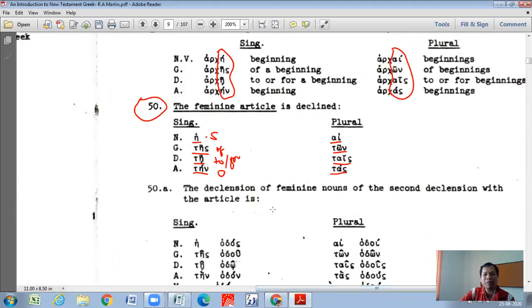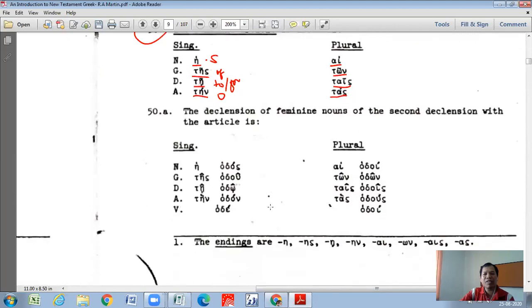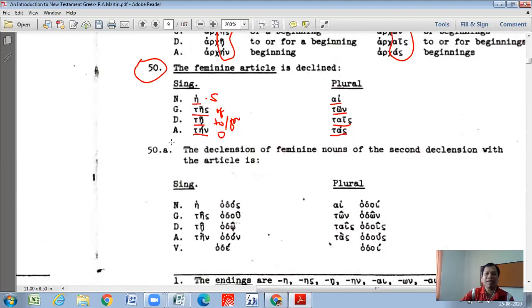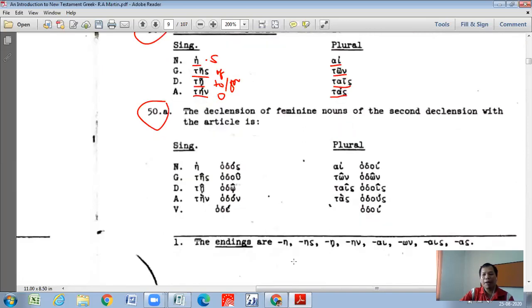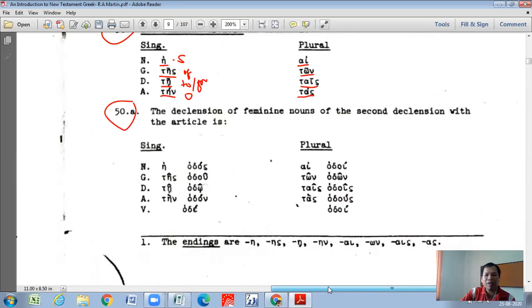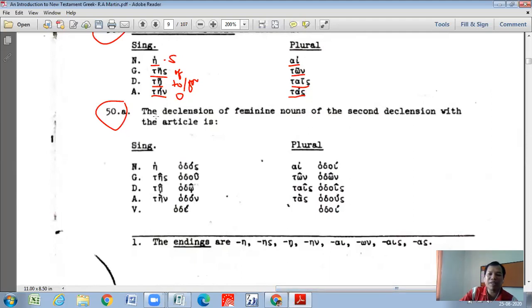Let me continue with 50A. Then I will give you the chance if you have any doubt. Now in 50A, what we are going to discuss is the declension of feminine nouns of the second declension with the article. Look carefully.